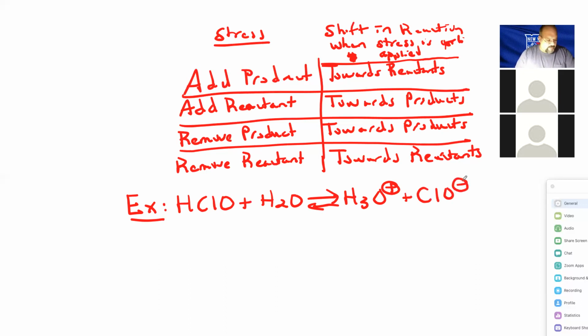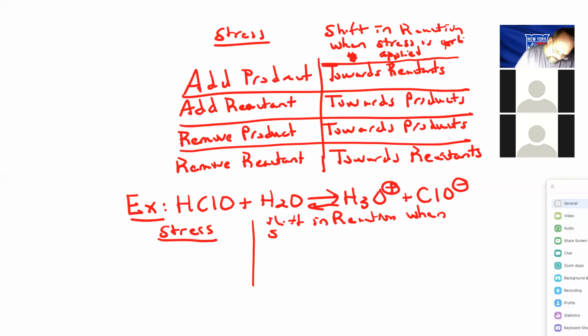Okay. So let's take a look at the following reversible reaction. All right, so let's take a look at some stresses, and then let's take a look at the shift in reaction when stress is applied.